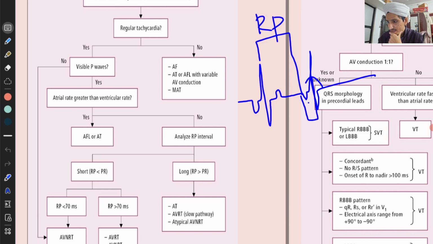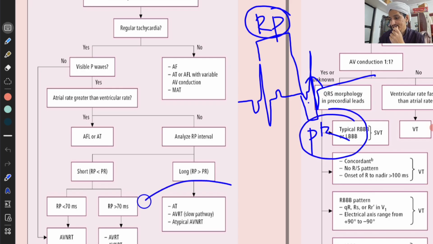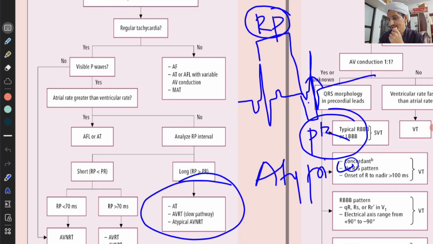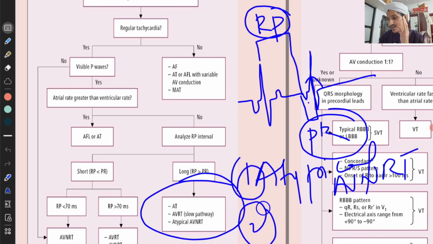If the RP interval is more than PR, then it is only 3: atypical AVNRT, just remember this, the mechanisms I have already discussed, or it can be AVRT, orthodromic conduction, slow pathway, or it can be atrial tachycardia.